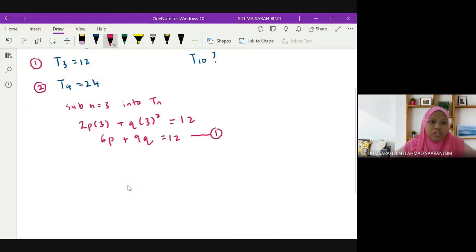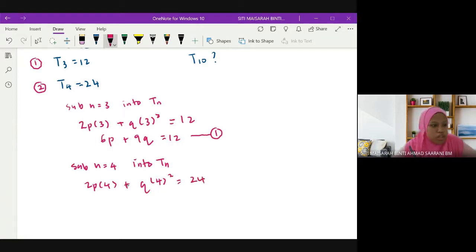Then the second equation, we sub n equals to 4 into Tn. So then we have 2P multiplied by 4 plus Q multiplied by 4 square equals to 24. So then the second equation will be 8P plus 16Q equals to 24. So this is the second equation.